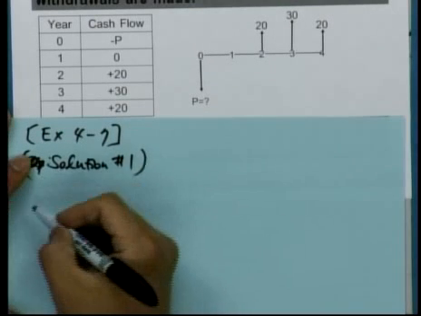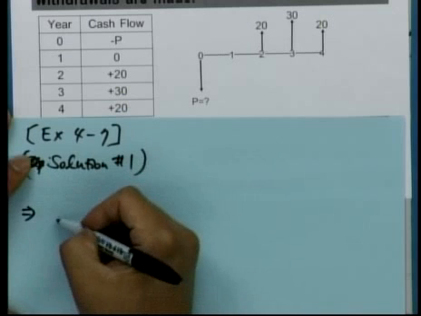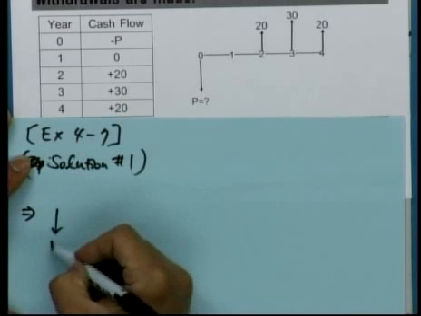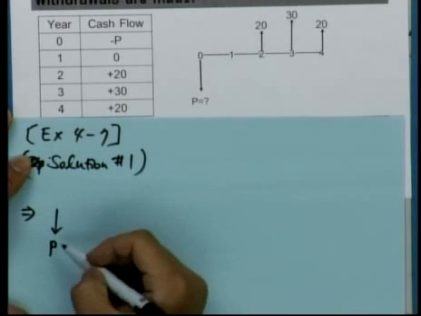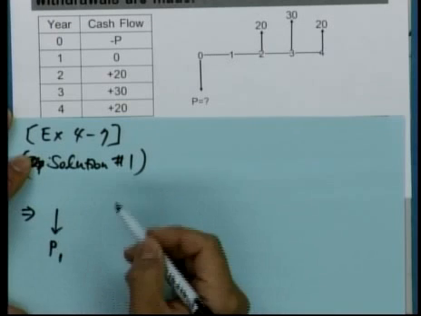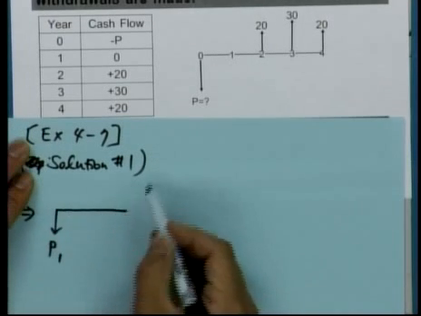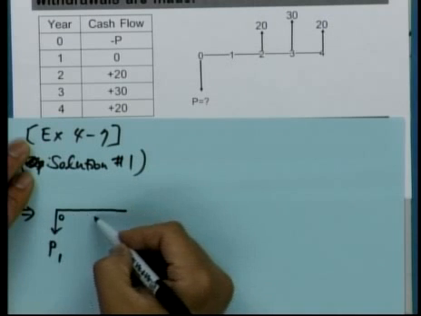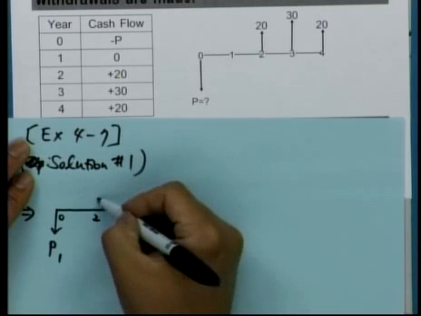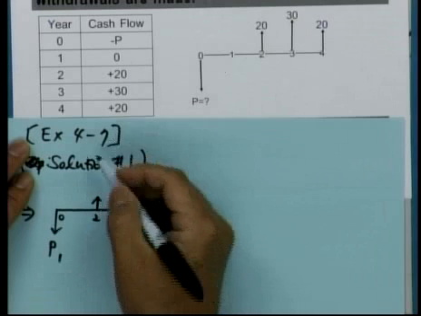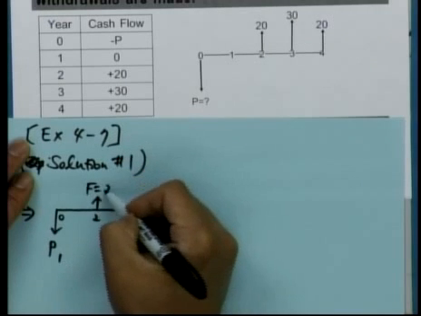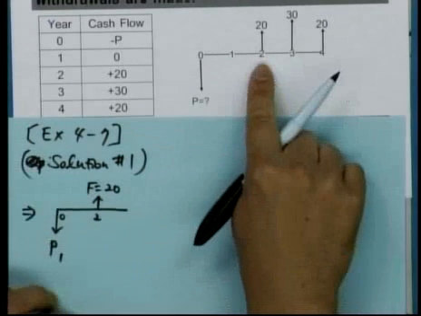So the first part is given present value, let's say this is P1. After 2 years, there is a future sum of $20. Okay, like here.